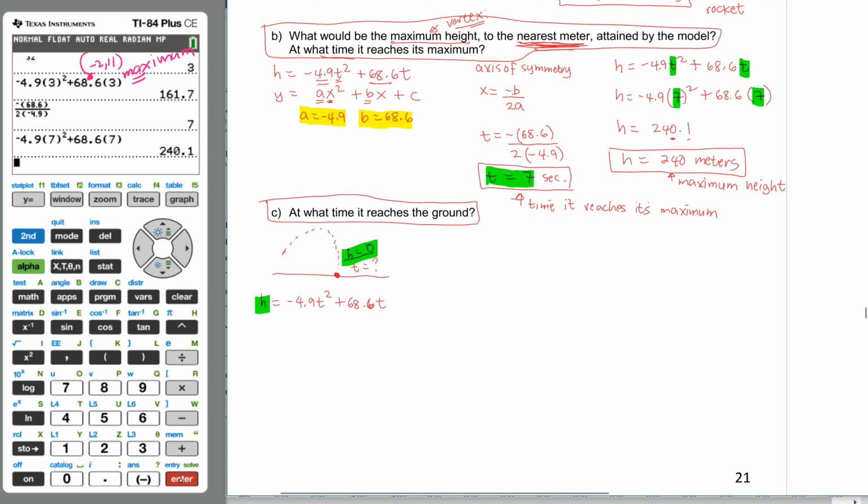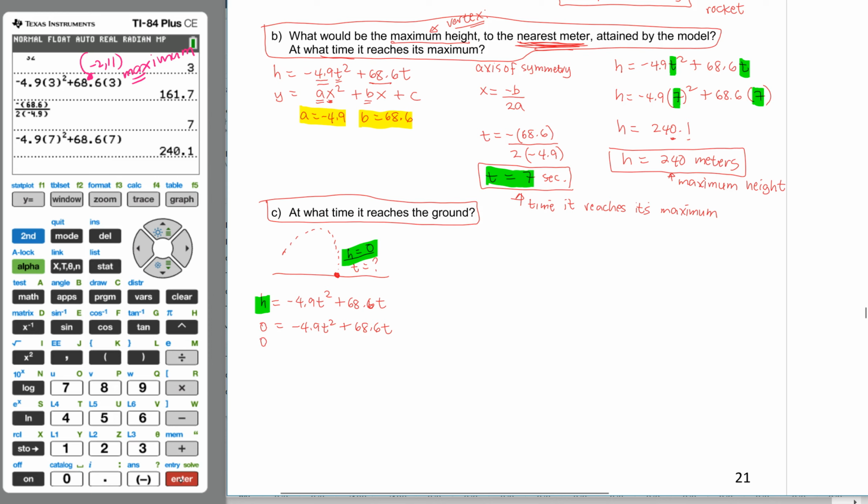So we have 0 equals negative 4.9 t squared plus 68.6 t. Again, this is now solving for t, so you can have the option of completing the square or using the quadratic formula. Let's just use the quadratic formula.